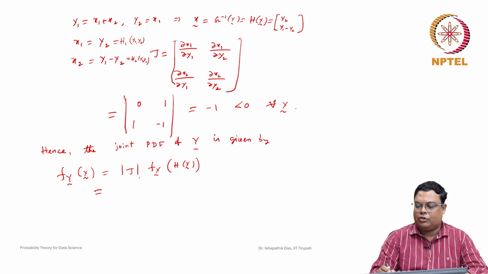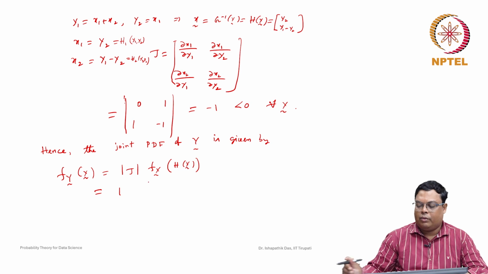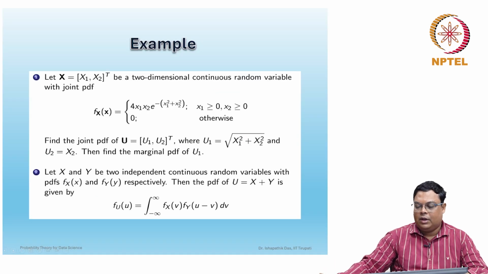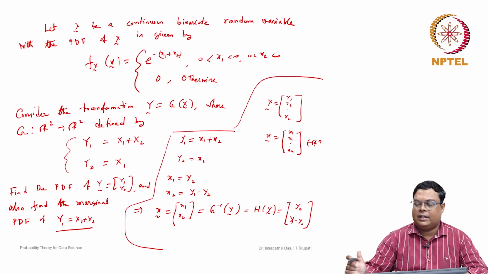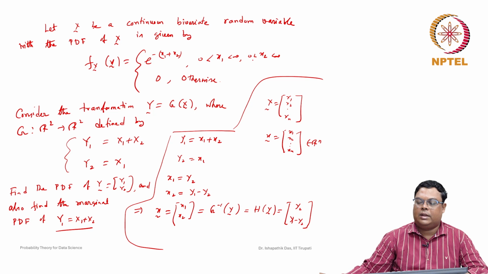Because J is minus 1, the absolute value is 1. Then we have to find f of x. Here f of x is defined on 0 to infinity, 0 to infinity, and it will be e to the power of minus (x1 plus x2).